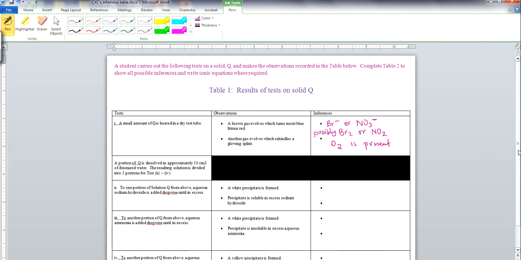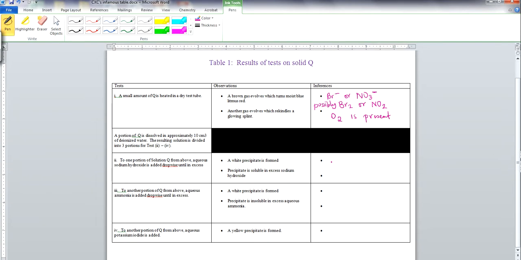When a white precipitate is formed, it's possible that aluminum ions, what else? Zinc ions or lead ions are present, right? And if the precipitate is soluble in excess sodium hydroxide, it therefore eliminates this and this, because those are insoluble in excess, right? So you therefore know that lead ions are present.